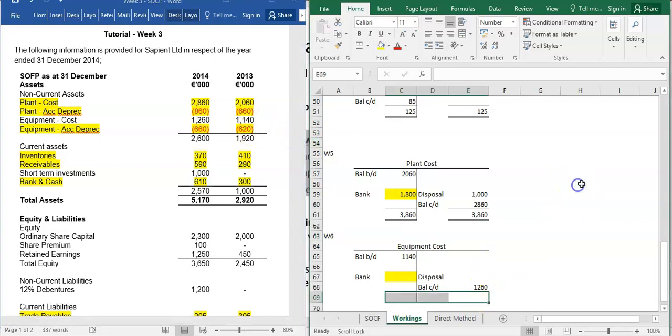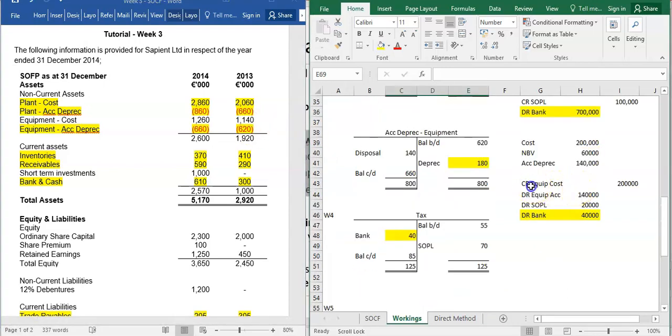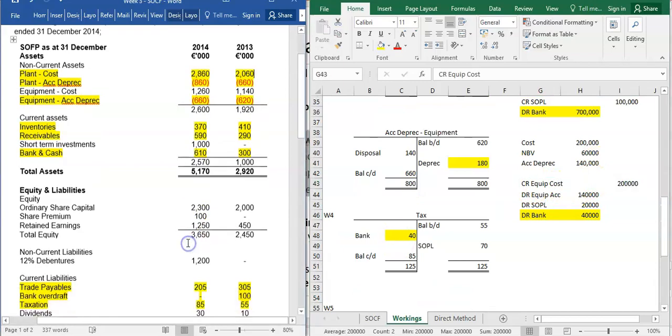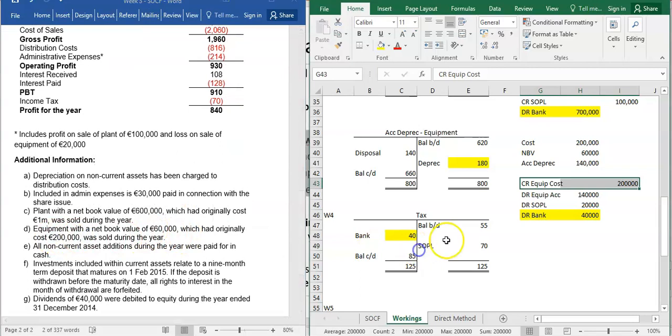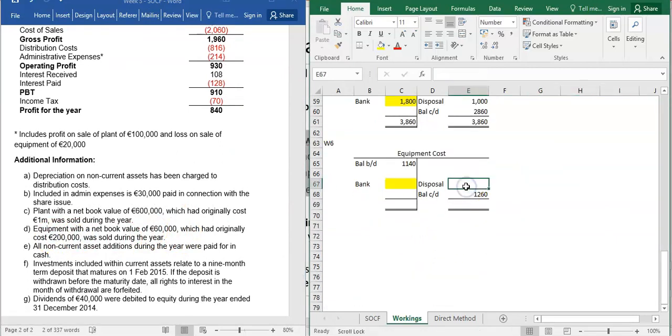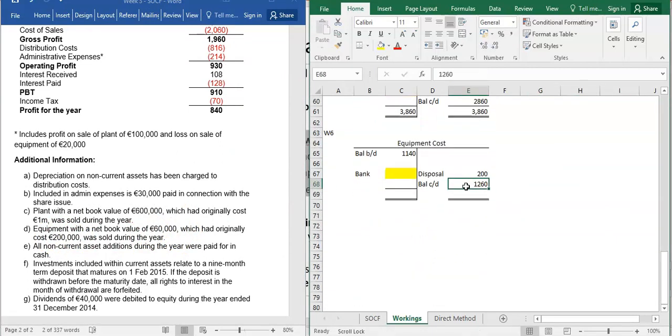So actually, this would have been lower to begin with because you would have credited equipment cost as you were given down here, 200,000. So credit the equipment cost to disposal 200. That then becomes 1460. So this should be 1460 as well.